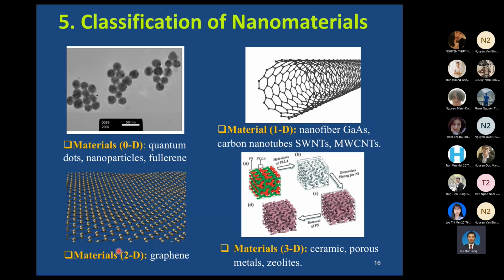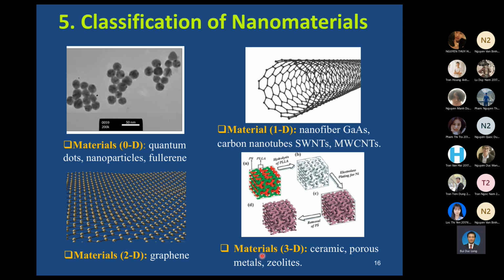We also have 2D nanomaterial, for example, graphene. I already introduced this kind of material to you, and you will study this in the next lecture, about some special nanomaterial.